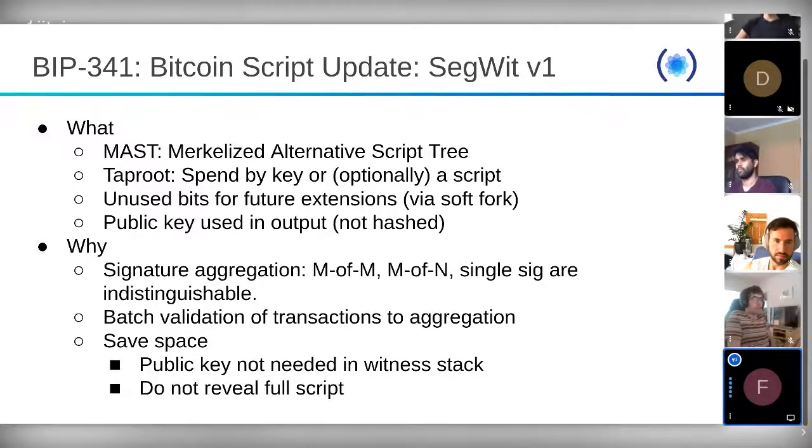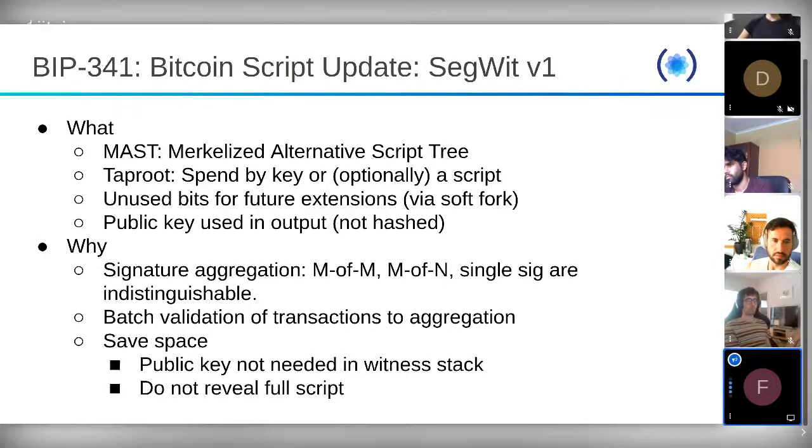We introduce Taproot outputs, where you can spend by key or optionally with the script. It also introduced a number of unused bits for future extensions via soft fork. So it caters for a number of scenarios where we may want new features in the future, and we already have that discussed now so that it can be done later with a soft fork.